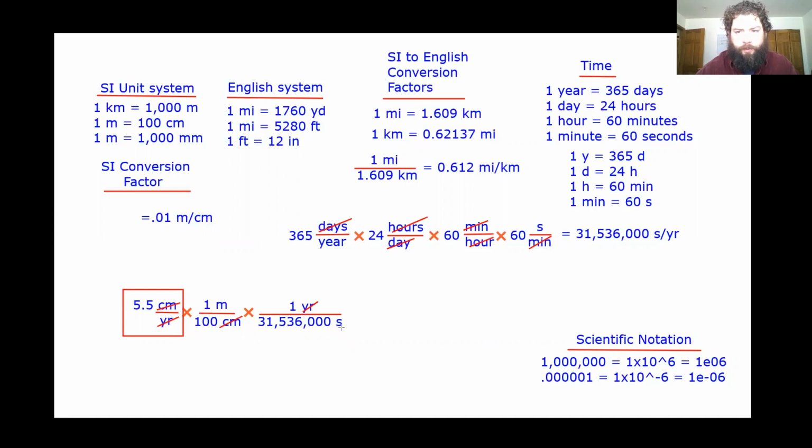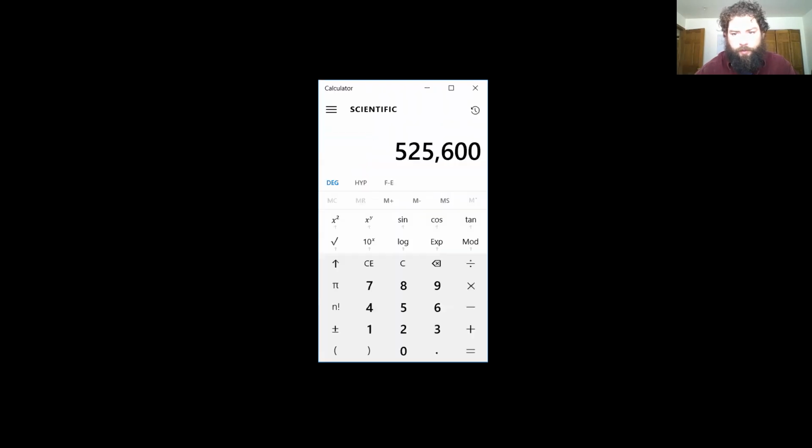And I'll do that in a calculator real quick here. Okay, you should be able to see the calculator. So we have 5.5 centimeters per year. And we're going to divide by 100 centimeters per meter to get meters per year, which I'll go back and show you right here.